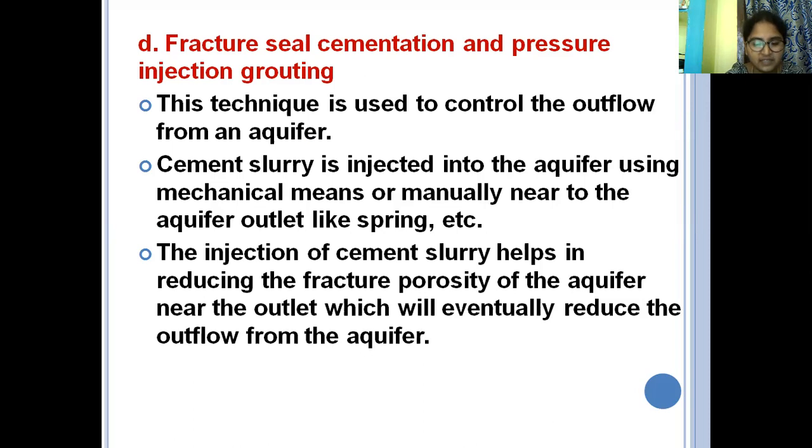The height of the check dam is generally less than 2 meters. And different types of check dams: temporary check dams like brushwood dams, live vegetative check dams, vegetable pole check dams. Permanent check dams are masonry check dams and sandbag check dams.